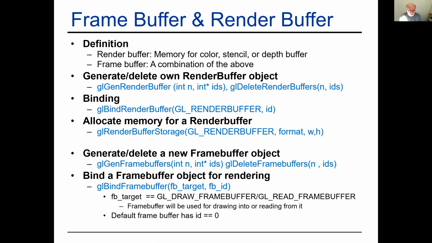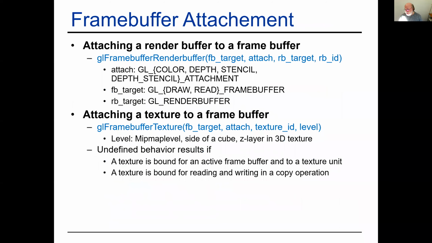And this default frame buffer that I just talked about, which is pre-allocated, always has the ID 0. Now, of course, once you have a frame buffer, you need to attach these buffers to them. And there's this glFramebufferRenderbuffer, funny name, where you can now attach a render buffer to those frame buffers. And you have to specify how they should be used and for what to attach them.